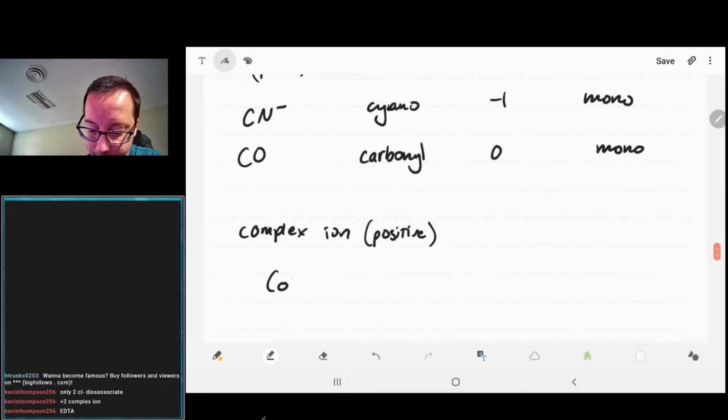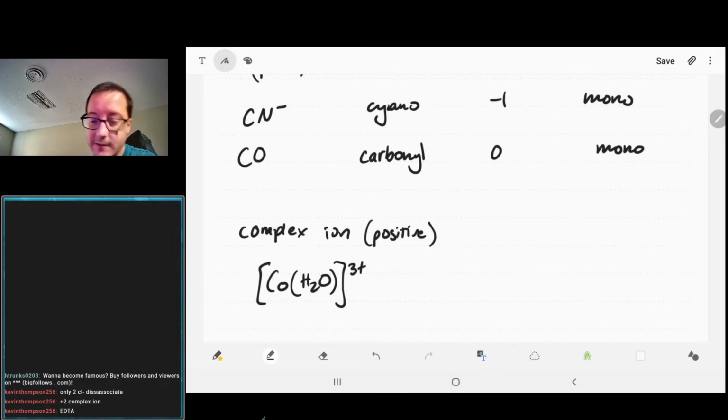So let's take this lovely complex ion here that I can't seem to remember to put the charge on the outside. How we would name this one. I'm going to give you a couple of examples with the names, and then we'll talk about the rules for the names.